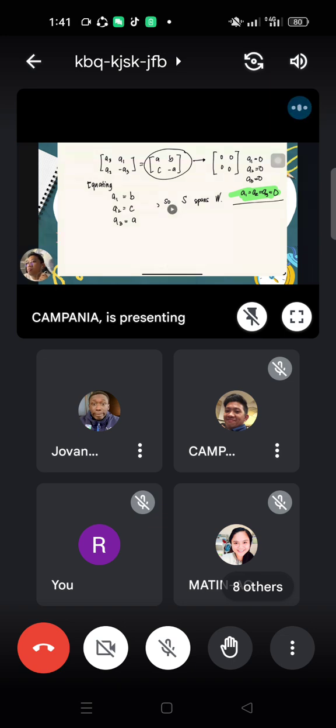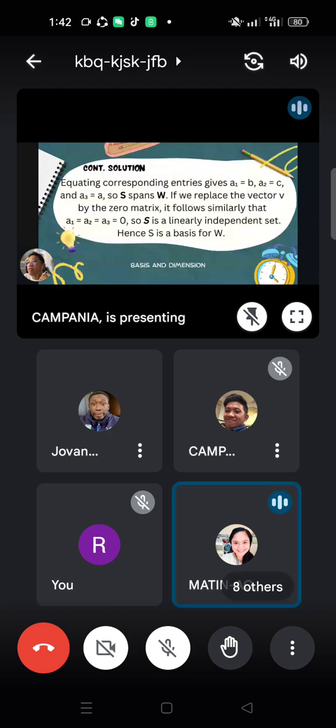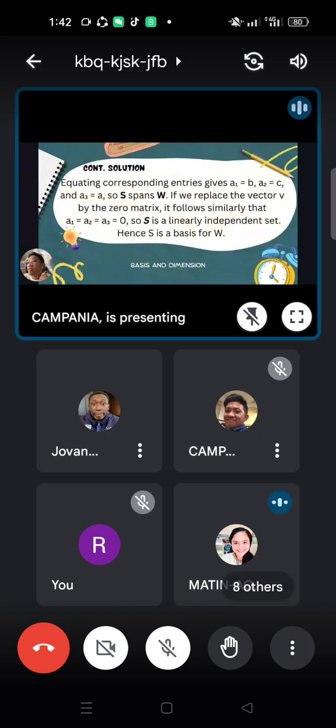This means we have shown that set S is a basis for W, since it is also linearly independent, since all its values are equal to the scalar 0.